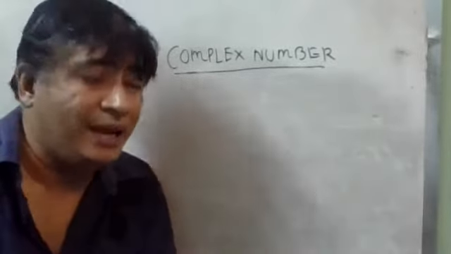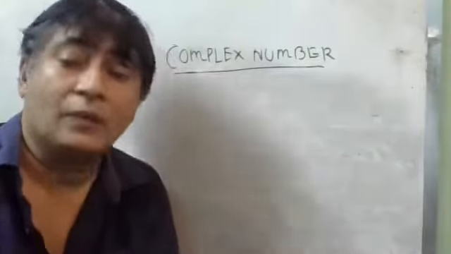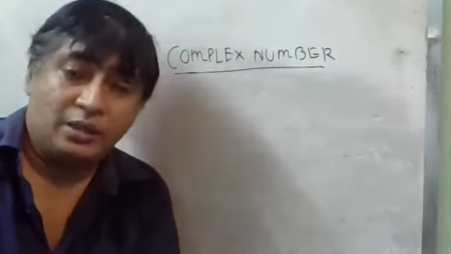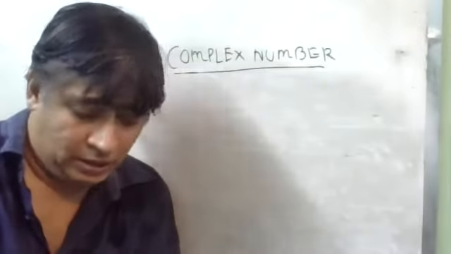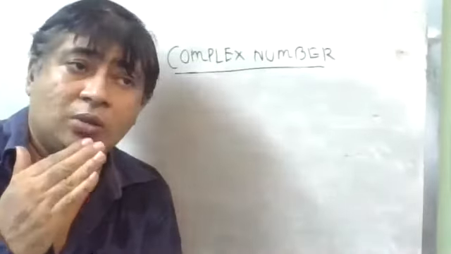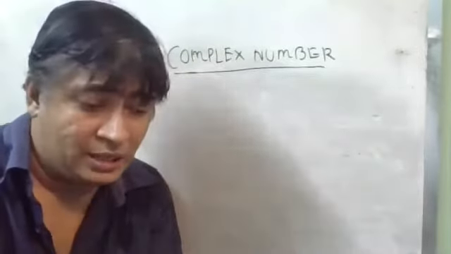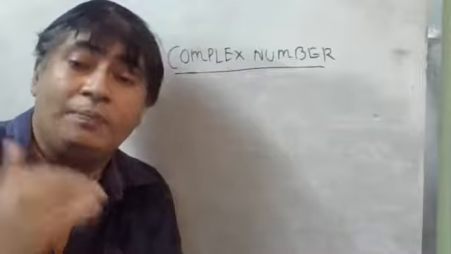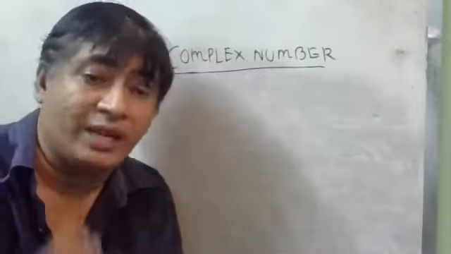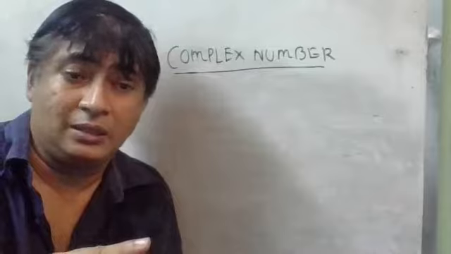Now that image concept you got even in coordinate geometry. So you have seen that coordinate geometry and complex numbers have so many similarities in properties. Actually, complex number, coordinate geometry, vector, all these are defined as a point.